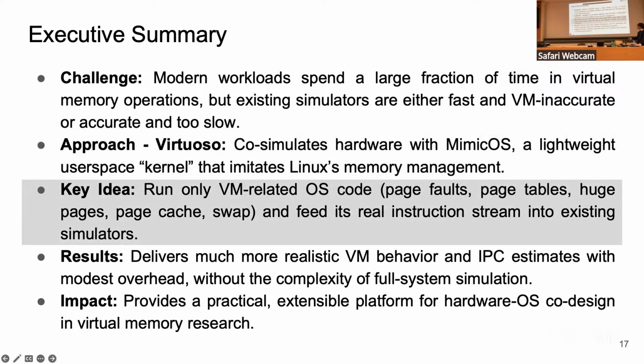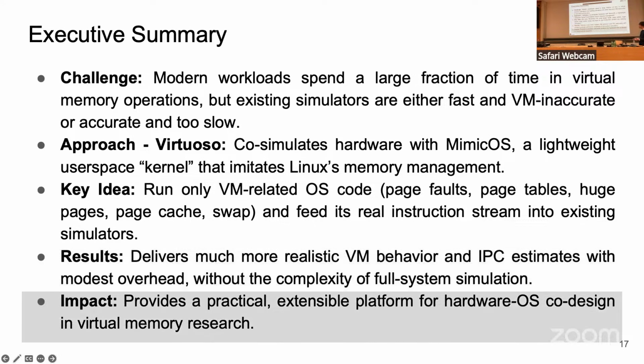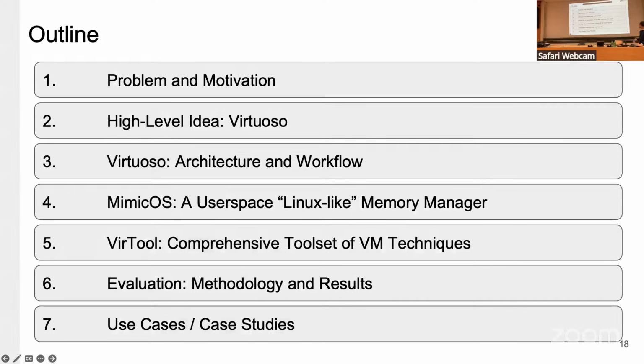The key idea is to run only VM-related operating system code and feed its real instruction stream into existing simulators. This results in much more realistic VM behavior and IPC estimates with modest overhead, without the complexity of a full system simulation. The impact of the paper is that it provides a practical, extensible platform for hardware operating system co-design in virtual memory research.